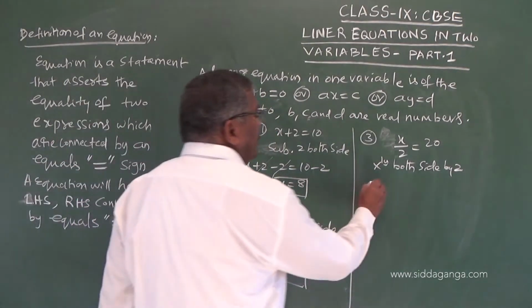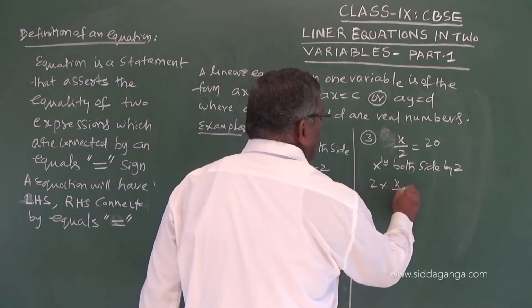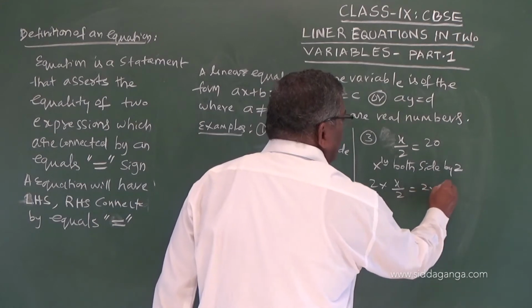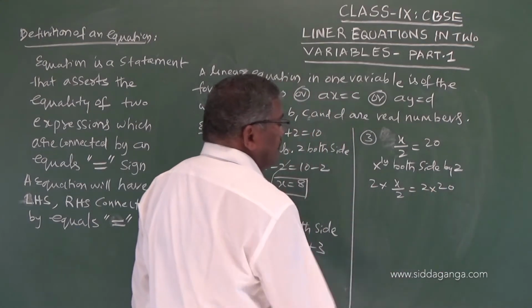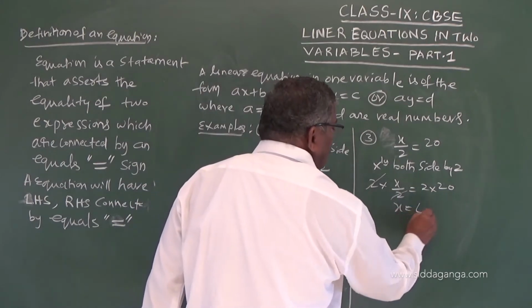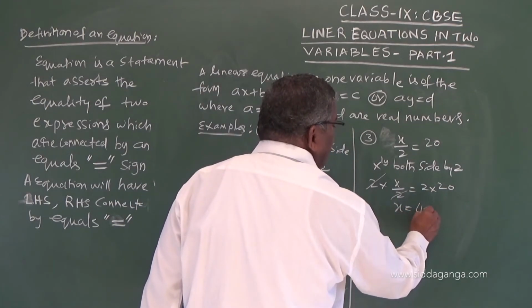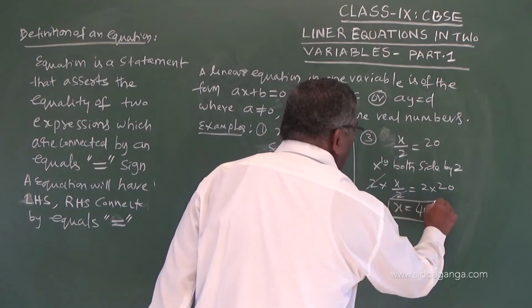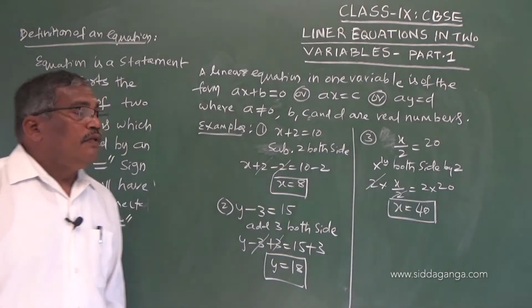So what do we get? 2 into x divided by 2 equals 2 into 20. Here 2 and 2 cancel, x equals 40. x equals 40. We have multiplied both sides.